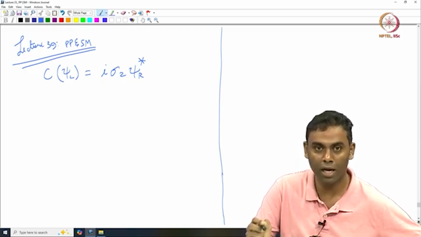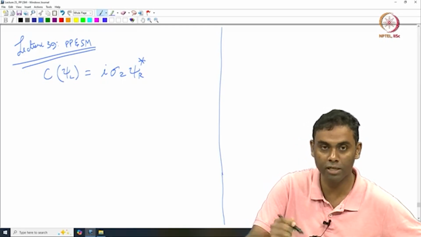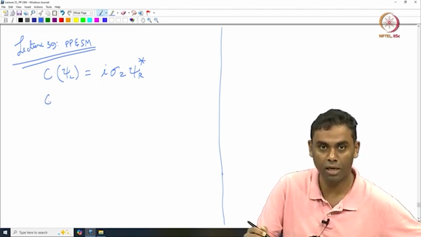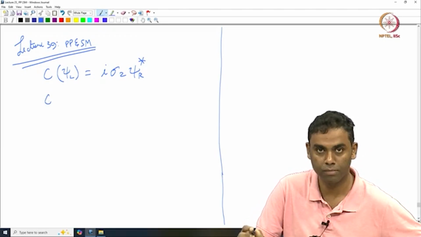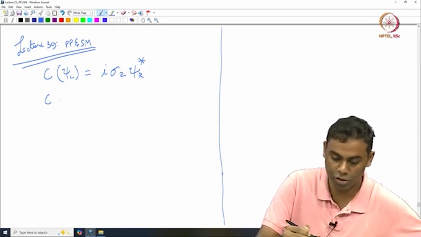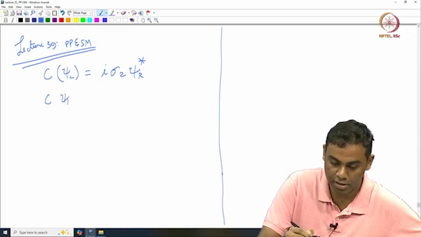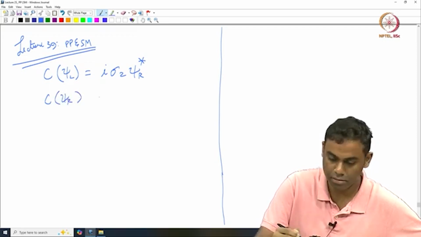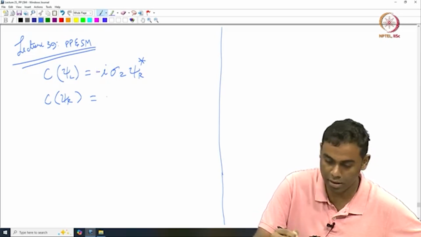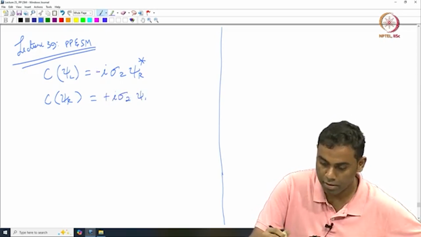Okay. And it so turns out that you need a proper SU(2) structure that turns out to be i sigma 2. Okay, which is also the Levi-Civita tensor, a 2 by 2 Levi-Civita tensor, correct? Okay, turns out there is a minus sign here, and then similarly if I hit the right handed field, I get this.